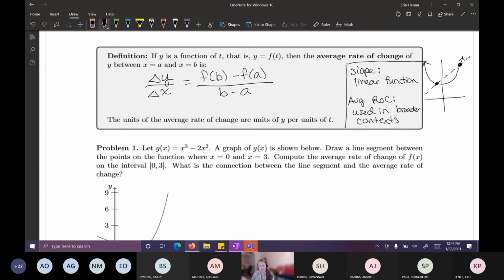So yes, it is a slope, but we refer to it as an average rate of change instead of a slope because it's in the context of a nonlinear function. Semantics, if you call it slope, I will understand what you mean, but you can think of them as pretty much very synonymous. Average rate of change is a slope. So the units of the average rate of change are the units of y per the units of t. Is exactly how the units of a slope went.